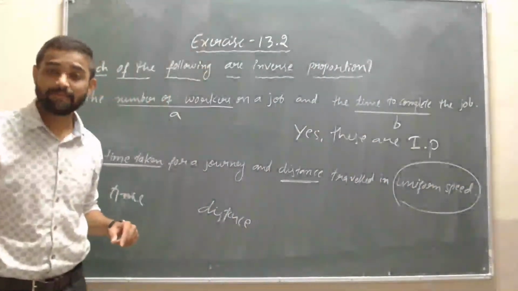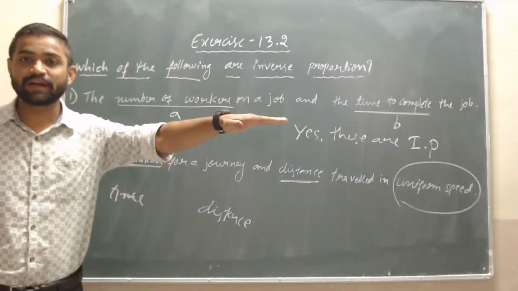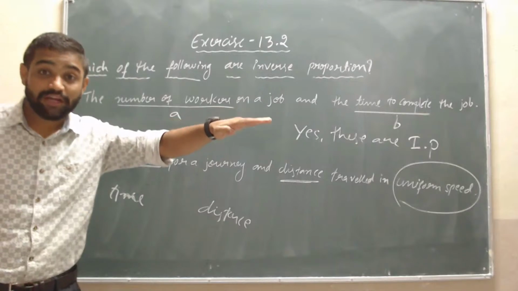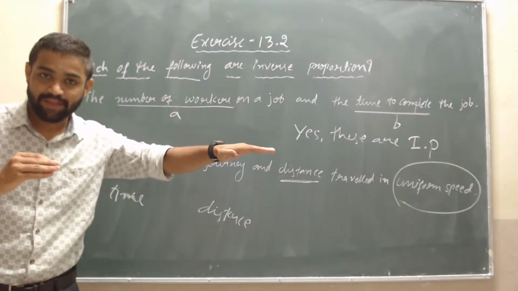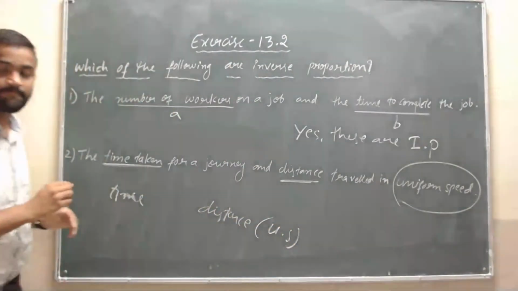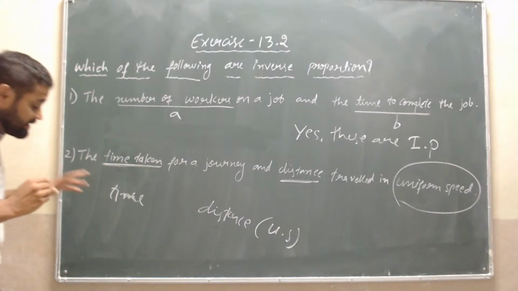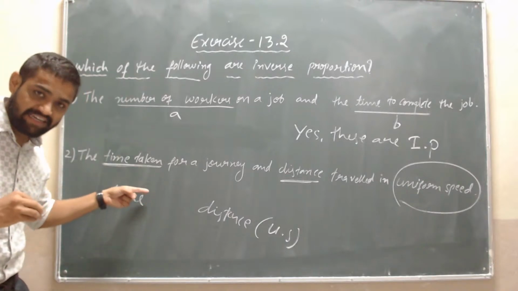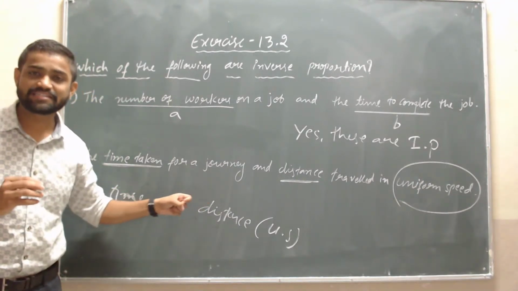Uniform speed means, sir, speed like 20 km per hour and 20 km per hour. There is no increasing or decreasing in the speed. As the time increases, concentrate here, the distance also increases.